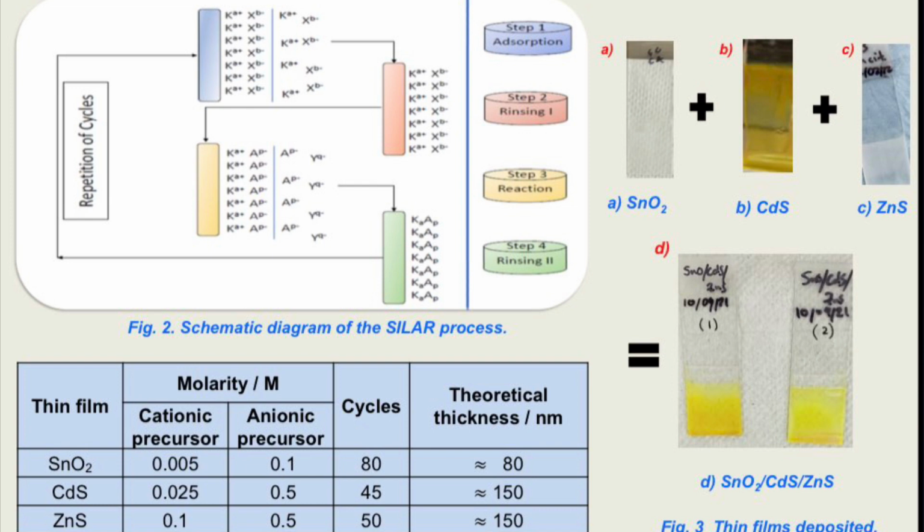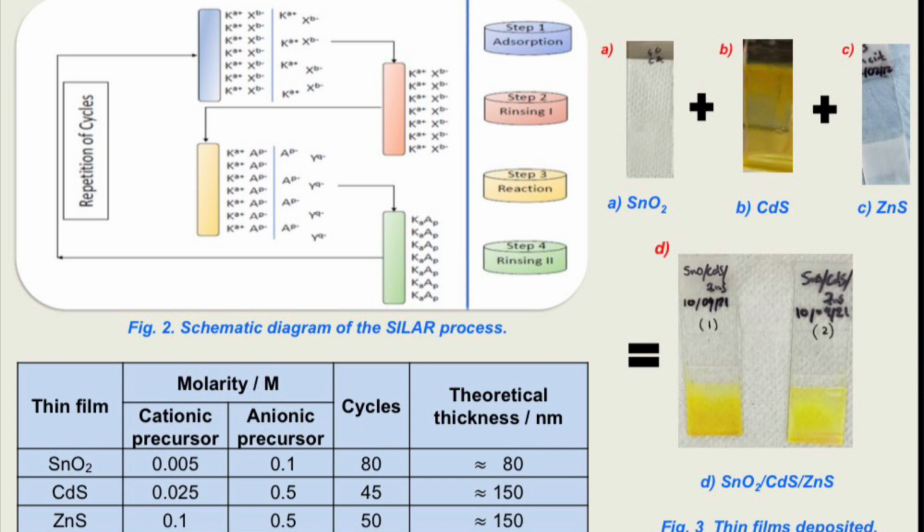We can see the 4 steps involved in this methodology. First, the adsorption, then a rinsing, third, a reaction, and finally, a second rinsing. With this, we can achieve different thicknesses in the films and control the crystal structure of the materials.